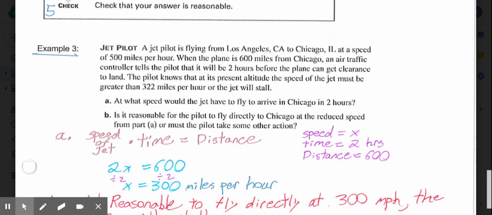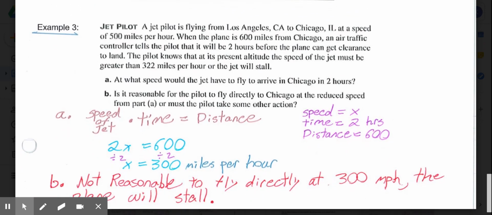Now, example 3, we're going to put together this whole idea to look at this scenario of a jet. So a jet pilot is flying from LA to Chicago at a speed of 500 miles per hour. When the plane was 600 miles from Chicago, an air traffic controller tells the pilot that it will be 2 hours before the plane can get clearance to land.